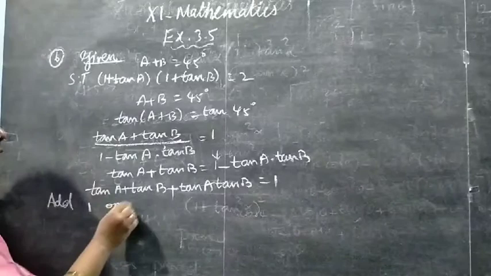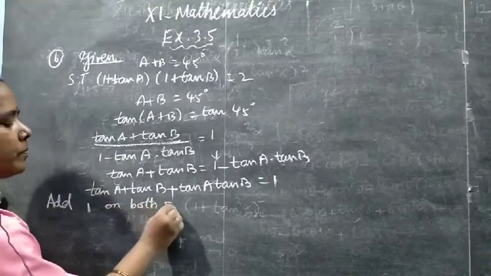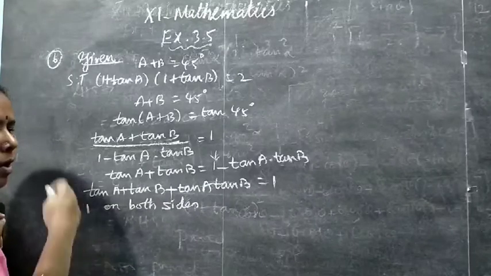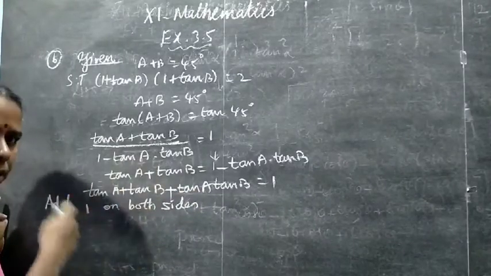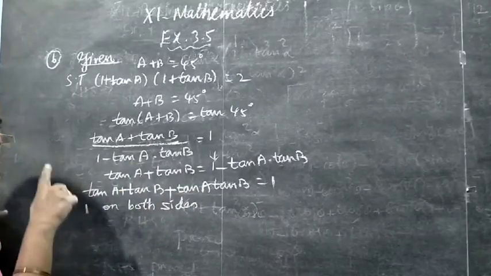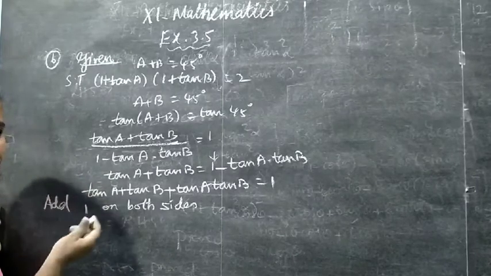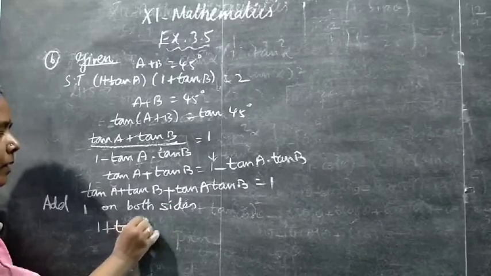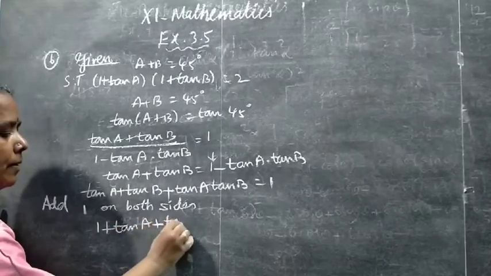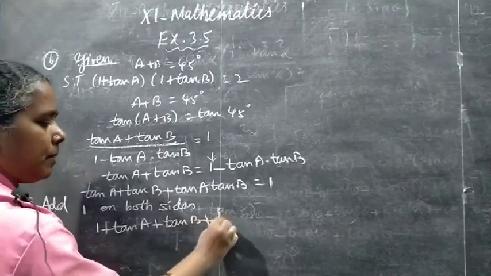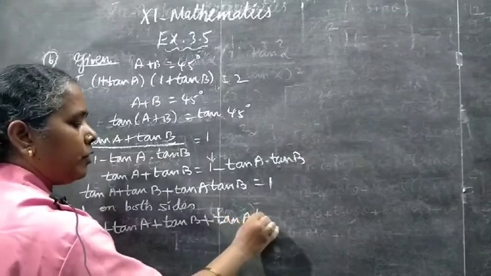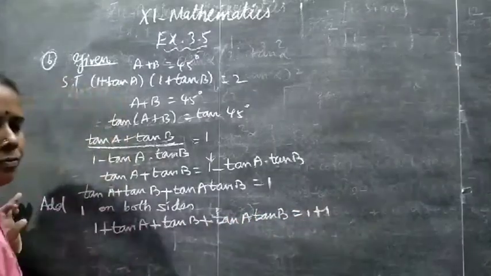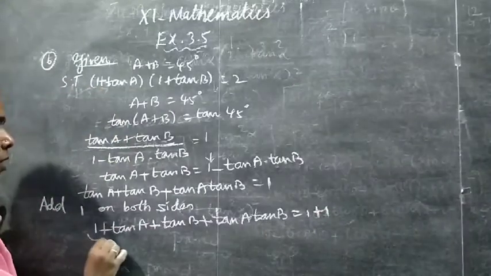Add 1 on both sides. Anything you are doing, compensation must be there. If you add 1 on the right hand side, you should add 1 on the left hand side also; if you remove 1, the original line will come. So 1 plus tan a plus tan b plus tan a into tan b is equal to 1 plus 1. Clear? Now I am going to take common out from this.